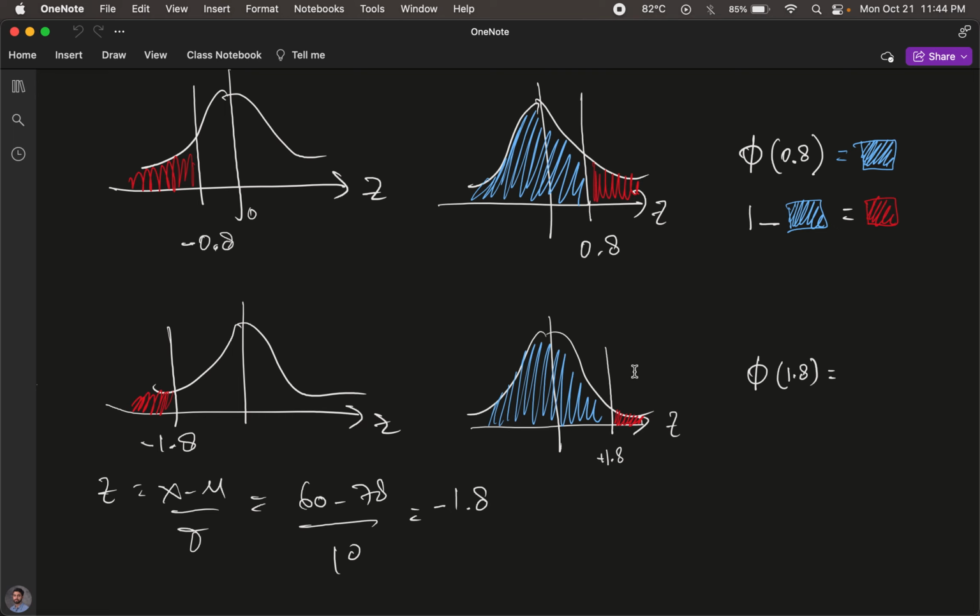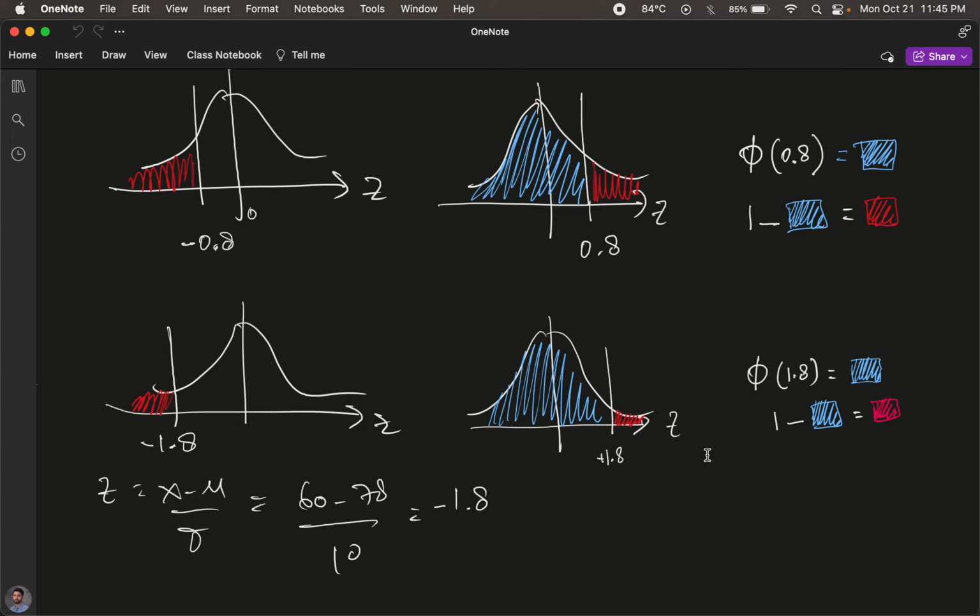So one more time, when I look at the probability on the z table for 1.8, it's going to give me this blue area to the left hand side of positive 1.8. I subtract this area from 1 to arrive at the area on the right hand side, which is my red area.